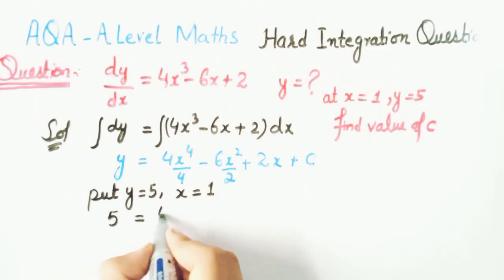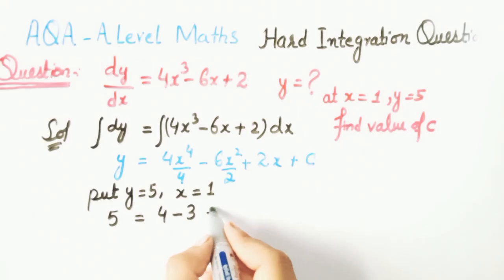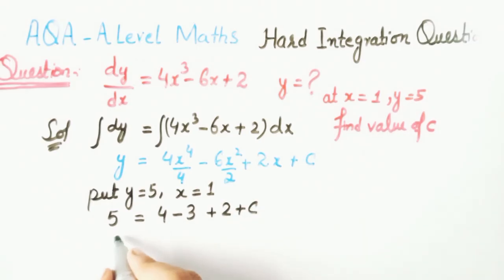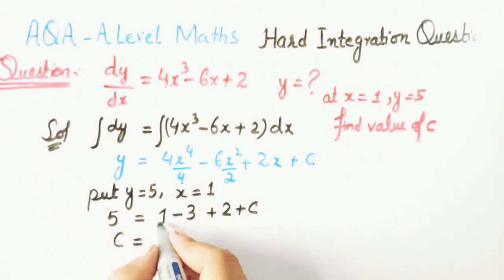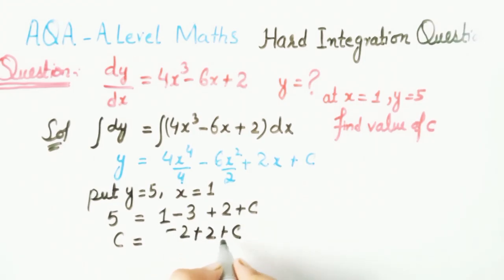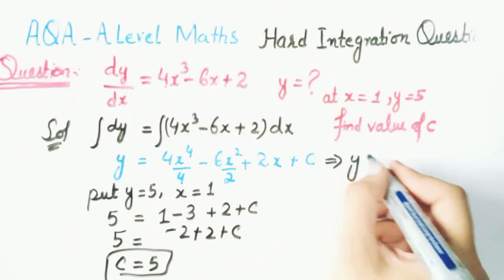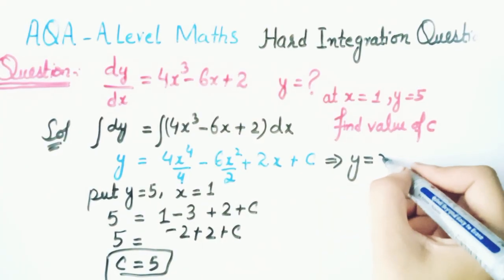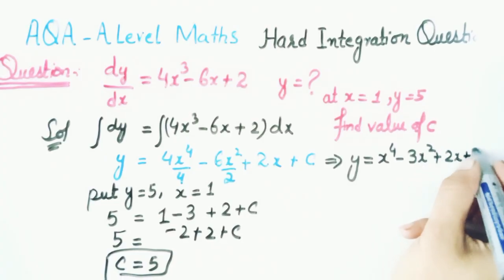So 5 equals 4/4 − 3 + 2 + c. The 4 and 4 cancel out, so this will become 1. 1 − 3 + 2 + c. So this is 5, so the value of c will be 5. So y will equal x⁴ − 3x² + 2x + 5.